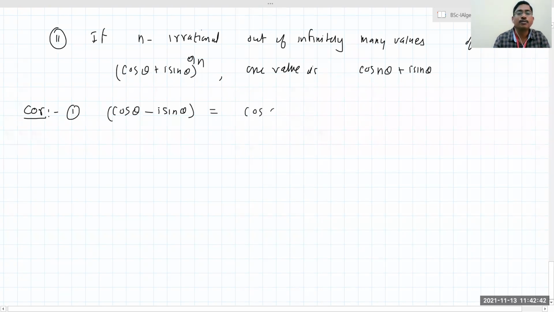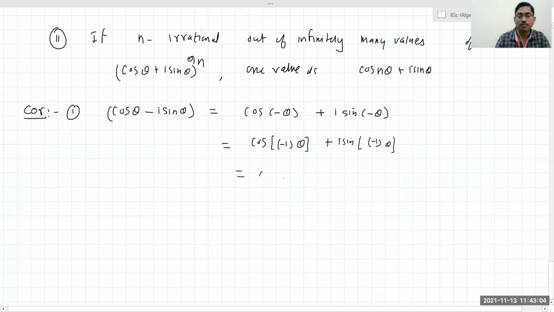Cos of minus theta, you know, it is cos theta, and sin of minus theta is minus sin theta. So here n is 1, so I can write cos as minus 1 into theta, and sin as minus 1 into theta. So I can write this as cos of theta plus i sin theta raised to minus 1.